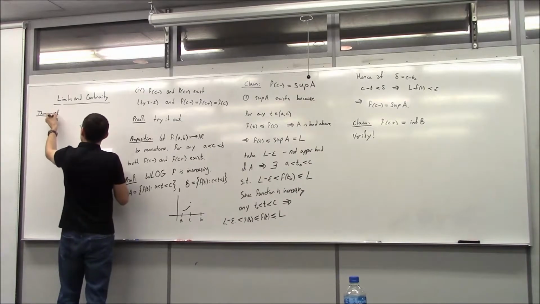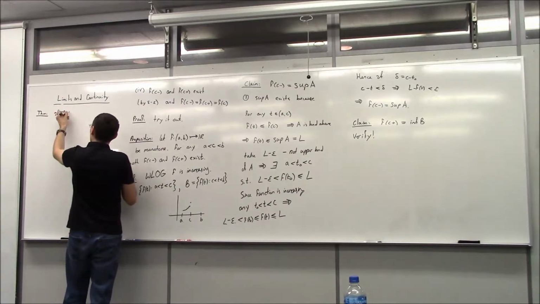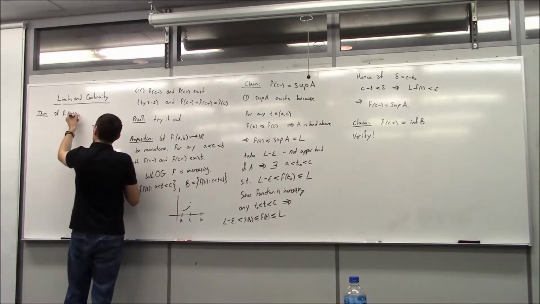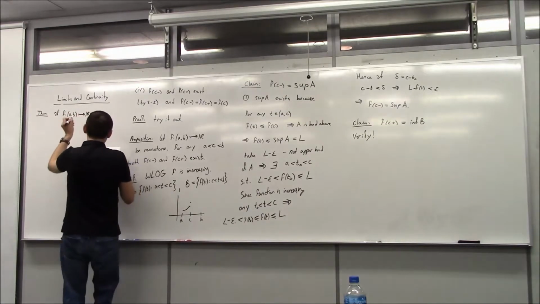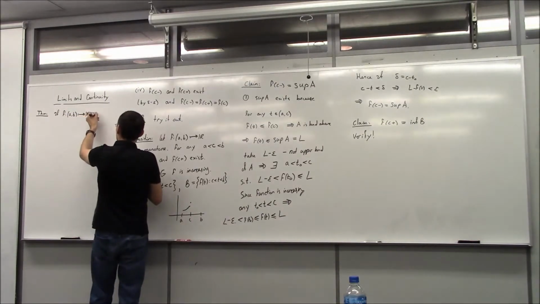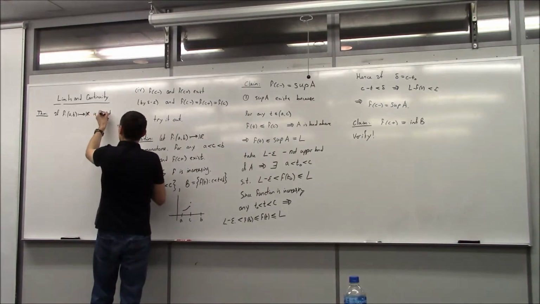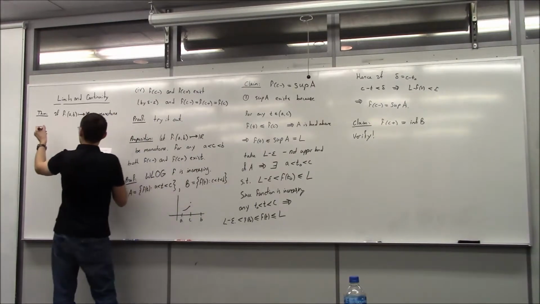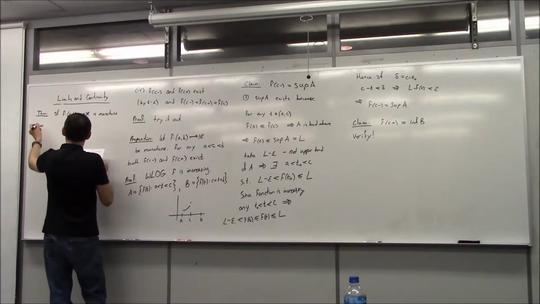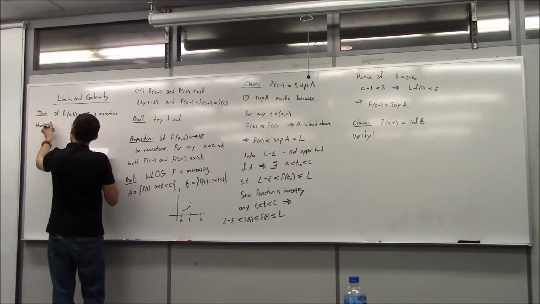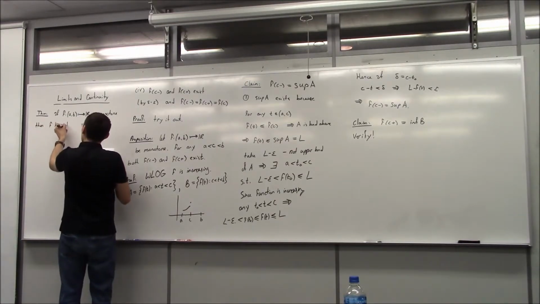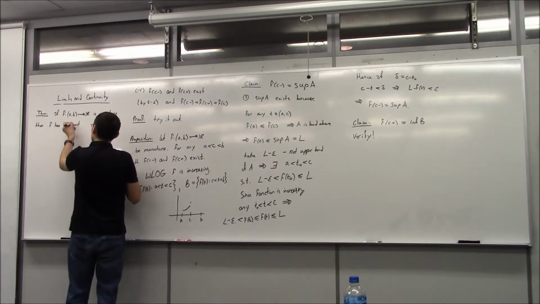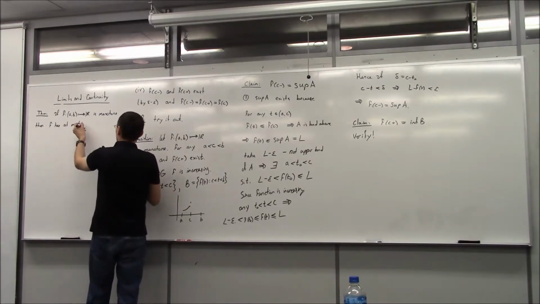If f from A to B to R is monotone, then f has at most countably many points of discontinuity.